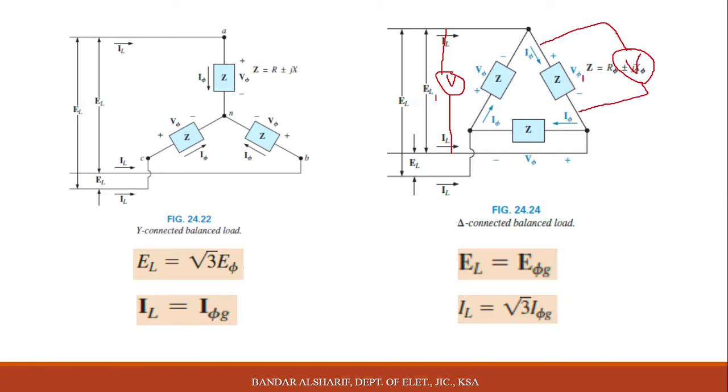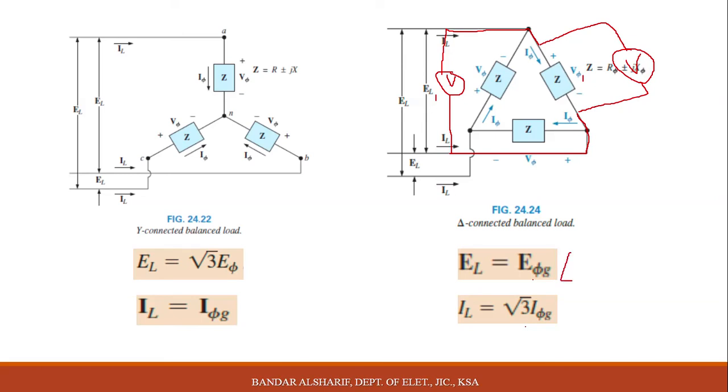This point is the same point which is connected to this point, and this point for the voltmeter is the same point connected to the second terminal. Because the voltage phase equals the voltage line, and the current line equals root 3 multiplied by I phase. This is magnitude, without angle.